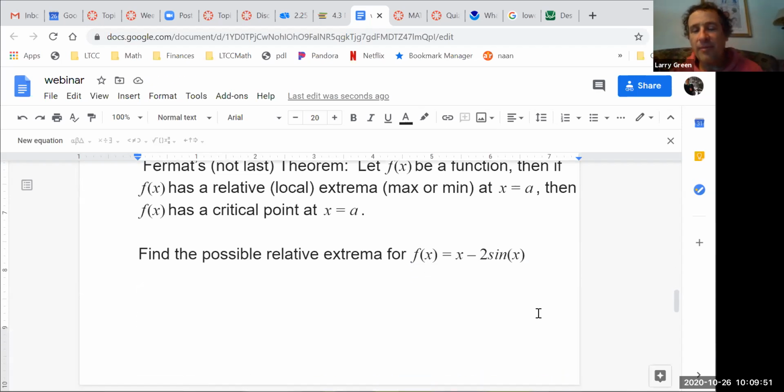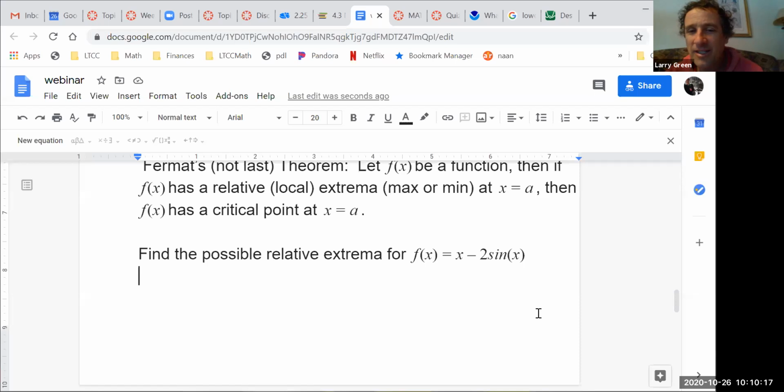Okay, well, what's the first thing? What's step 1? Hopefully y'all know what is the first step. Step 2 is find the derivative.